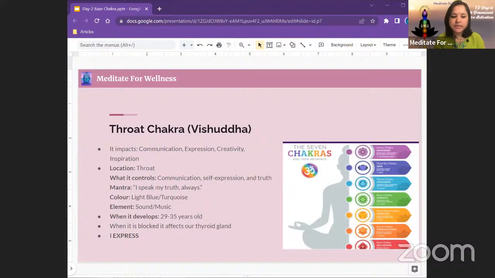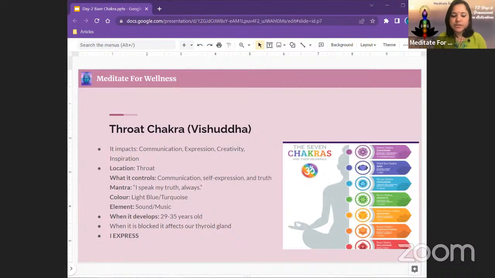So this is where it really gets blocked. It's not like only then this happens, but it is prominent in this age of growth. When it is blocked, it affects our thyroid gland.